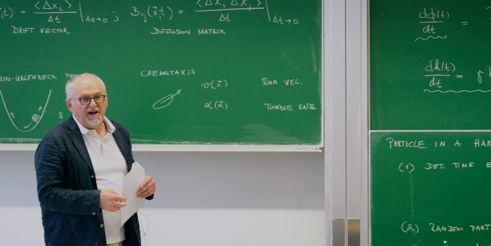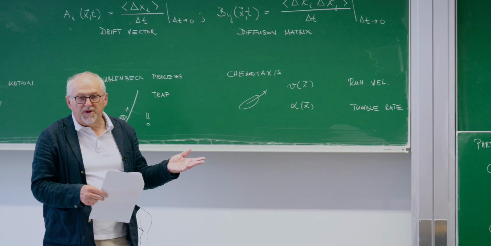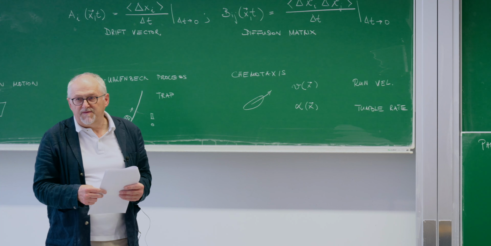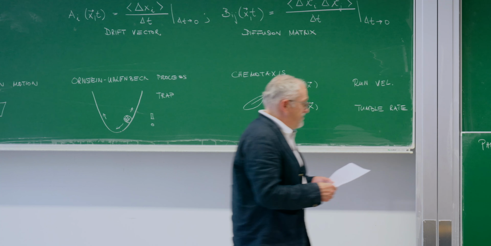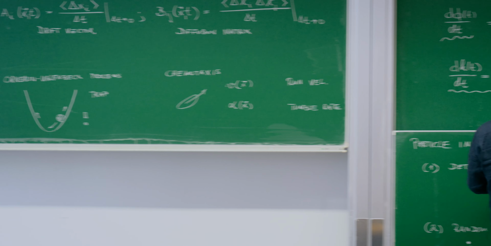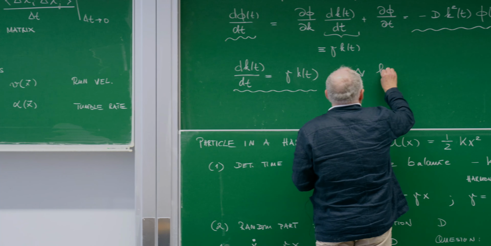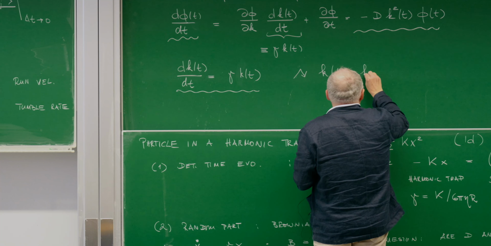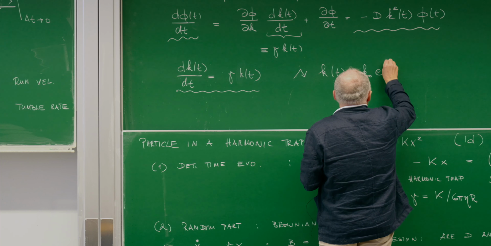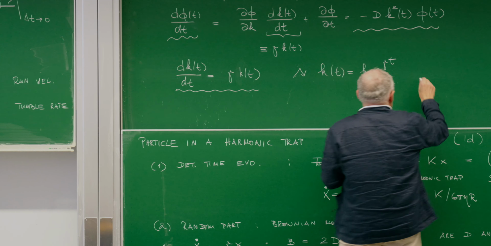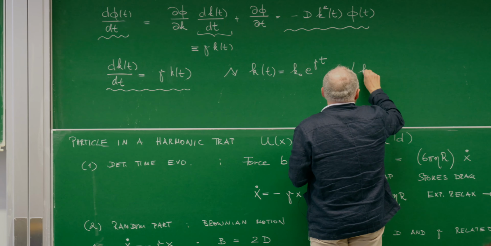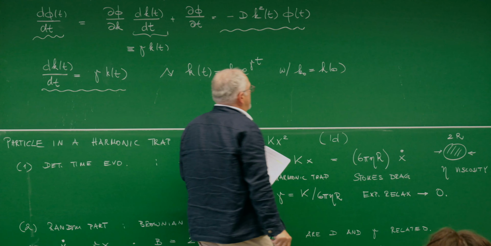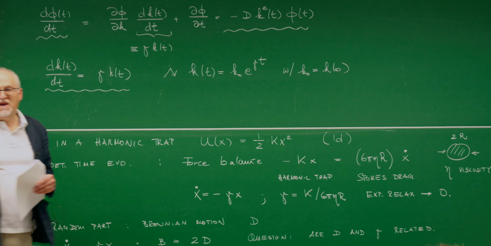That's the price I have to pay, but they are much simpler, and they are so simple that you actually can solve them analytically. Let's do this for the second equation first. The solution is k of t equals k0 e to the γ t, with k0 just being defined as the initial value of this function k of t.